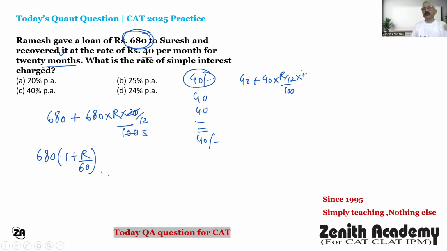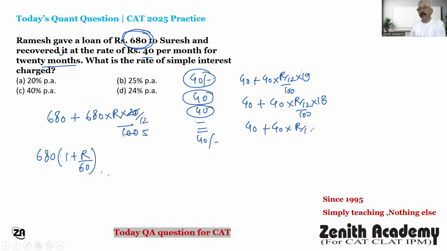So it means the second installment of 40 rupees, plus the interest on this 40 rupees every month, is with Ramesh for the next 18 months. The third installment is 40 rupees plus the interest of this third installment for the next 17 months. Every month, this 40 rupees will generate R by 12.